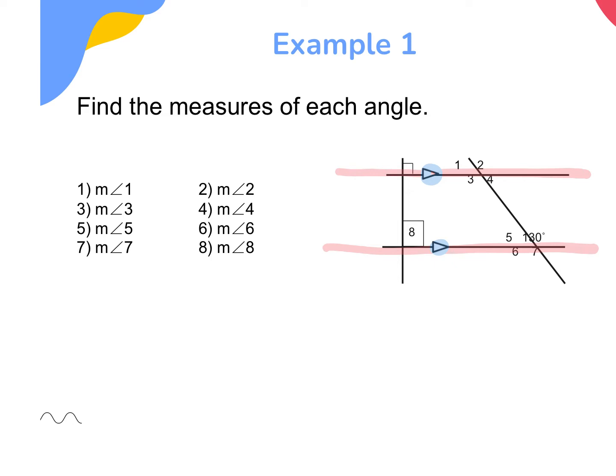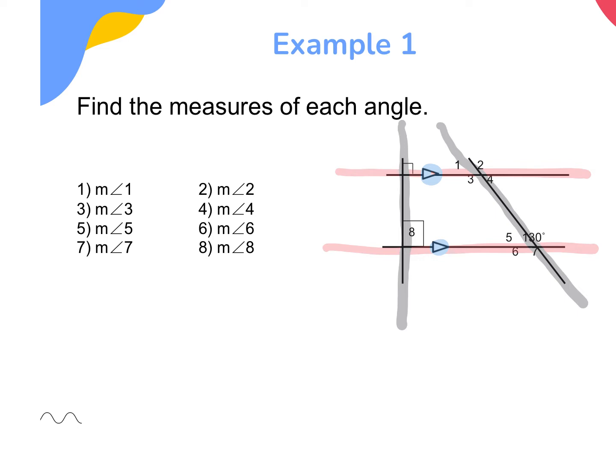I have a transversal right here, which created angles 1, 2, 3, 4, 5, 6, and 7. And then I have a second transversal over here. So this has 2 parallel lines. The red are the parallels, and the gray lines that I just highlighted are the transversals.